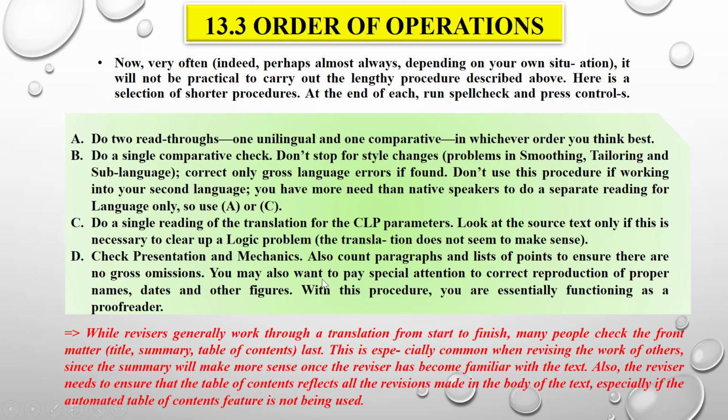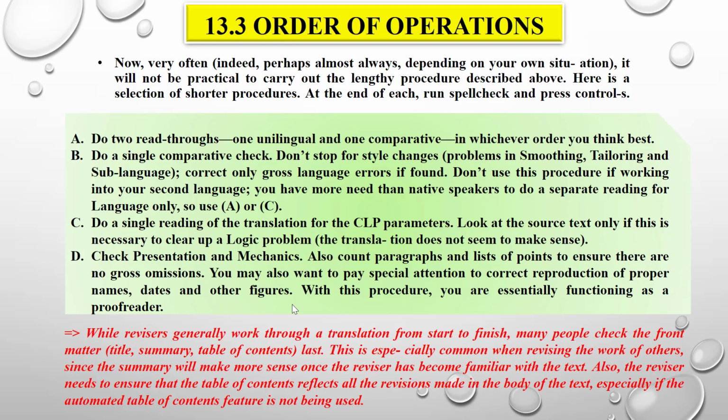So, while revisers generally work through a translation from start to finish, many people check the front matter, including the title, summary, and table of contents last. This is especially common when revising the work of others, since the summary will make more sense once the reviser has become familiar with the text given.